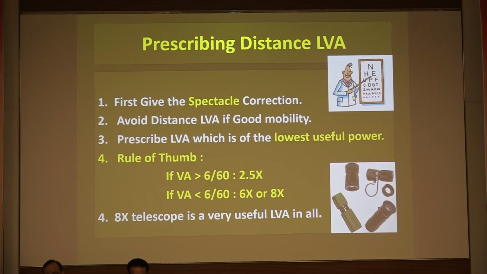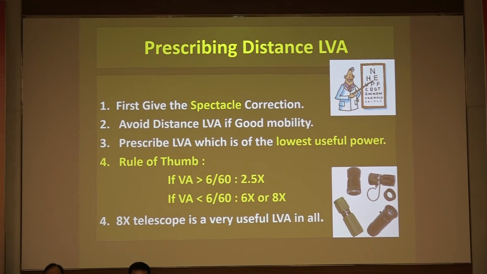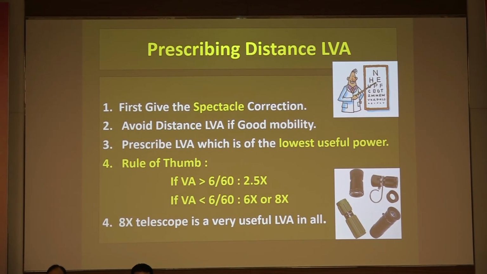The second thing to remember is that if the patient has got good vision, like 6/60 or even 5/60, and he's able to navigate in the environment, on the streets, in the home milieu, then there is no need for prescribing any distant vision aid. All right? The third thing to remember is that you have to prescribe a low vision device or telescope which is of the lowest useful power.